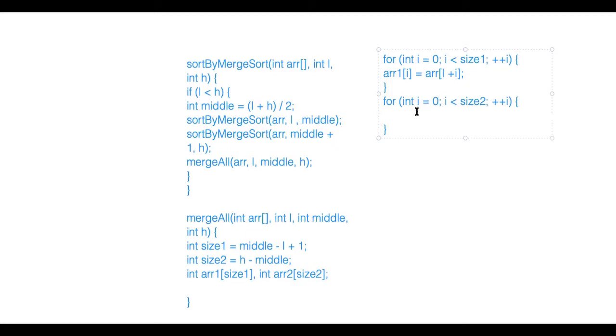Then array 2 of i will be equal to array of m plus 1 plus i, since the second array starts from m plus 1. So we have filled these 2 arrays. Good.